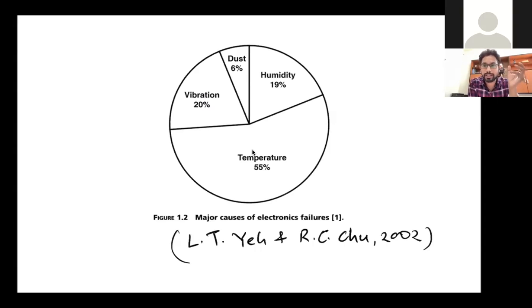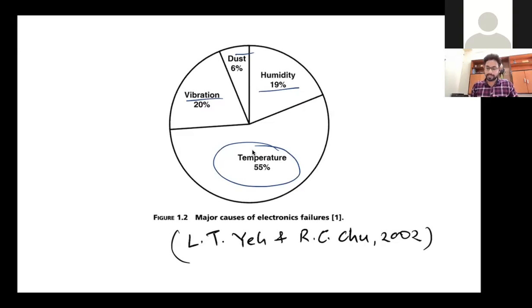And why do we do it? Because most of the electronic failures happen because of failed thermal management, because of high temperature, right? And that is what this chart says. Most of the electronic failures happen because of high temperature, and only 45% comes from either humidity or dust or vibration. We give a lot of importance to, for example, dust. We try to keep our laptop clean all the time, right?